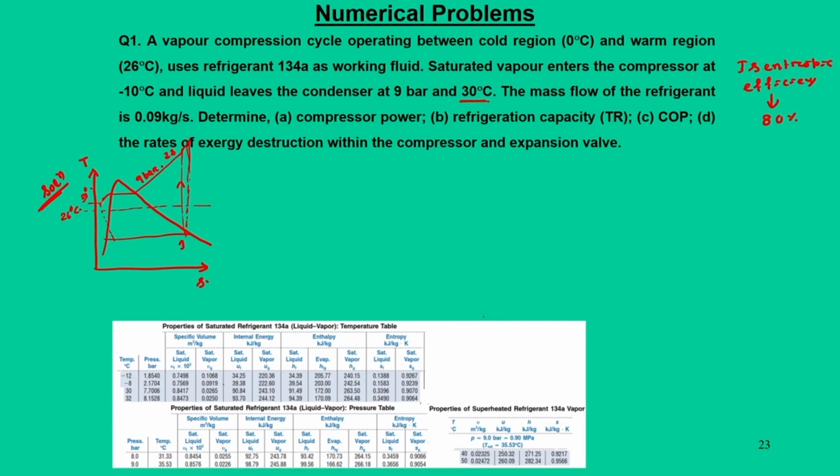So, this point 3 would be located here and 4 would be here, and we do not know the location of 4. We also know that the isentropic efficiency of the compressor is 82%. So, 2 will be here. Now, to solve the problem you have to go state by state. So, let us see state 1.